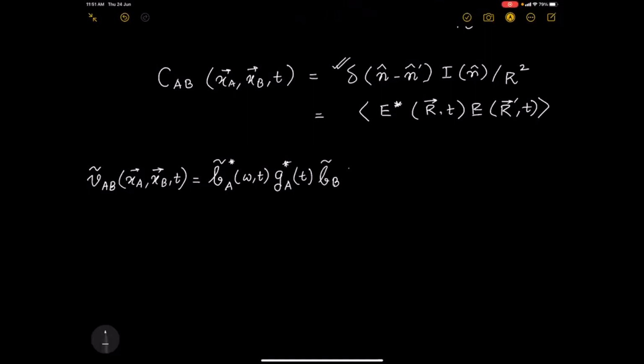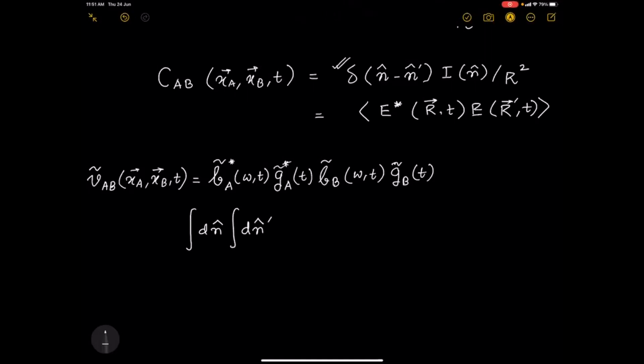Then I have to write the same thing from the other antenna. I have the integration over dr and dr prime, which I write as integration over n and n prime.